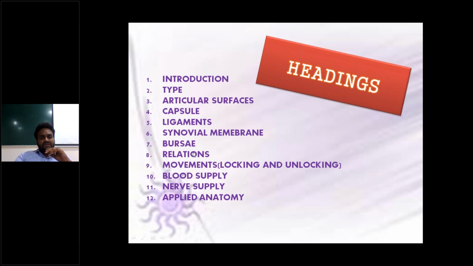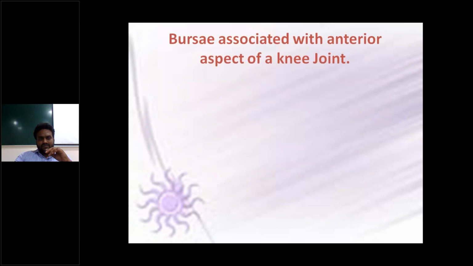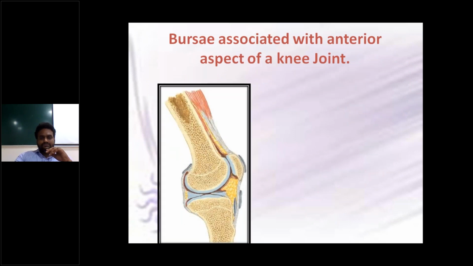Next we come to the bursae associated with the knee joint, number 7. Bursae associated with the anterior aspect of the knee joint in the patellar region. First, suprapatellar bursa, deep to the tendon of the quadriceps femoris muscle.